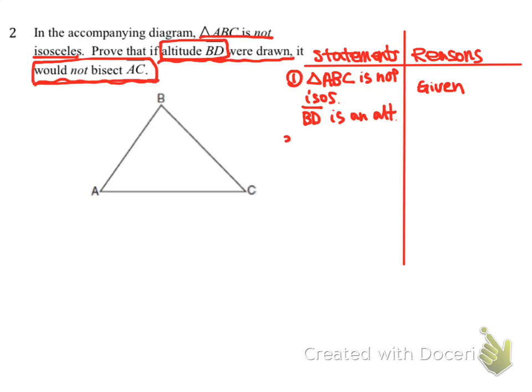How about the second step? Since the proof statement is that it will not bisect AC, let's assume that BD bisects AC, and that will be our assumption.